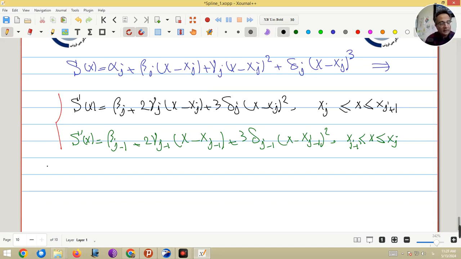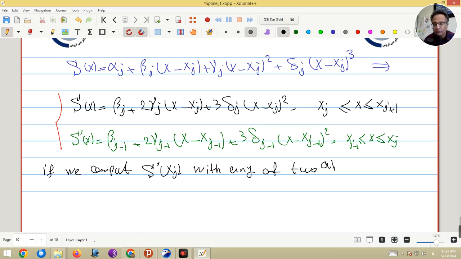Okay? So let me write something like this. If we compute s prime of xj with any of the two above formulas, we have to get the same value.